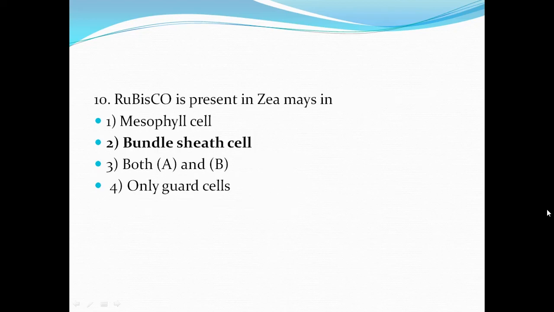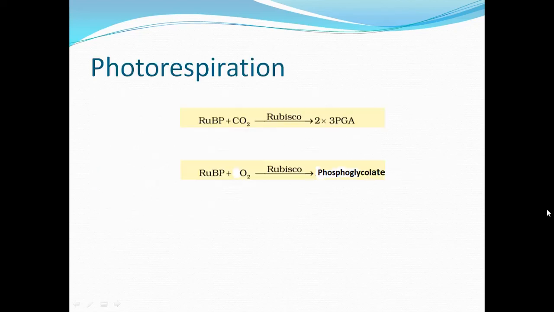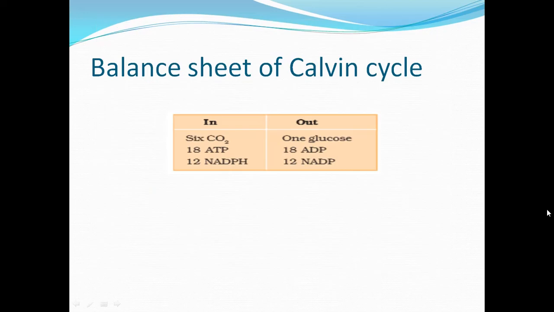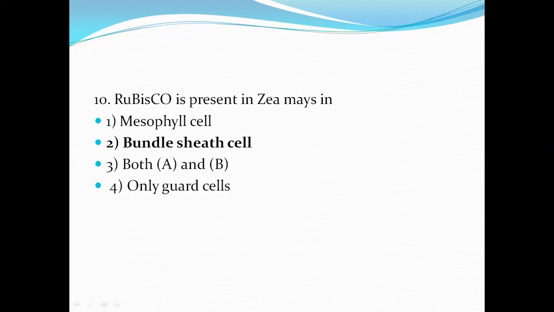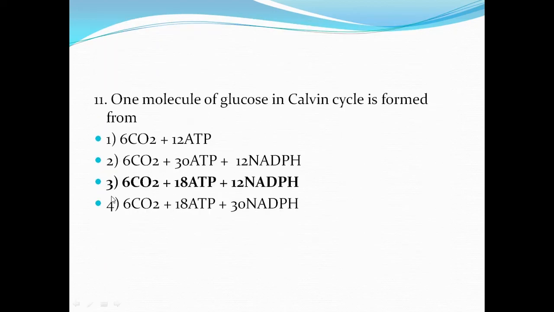So this we already discussed here. You can see this is the output, one glucose molecule. 6 carbon dioxide molecules, 18 ATPs and 12 NADPH are required to form one molecule of glucose. So the answer is 6 carbon dioxide, 18 ATP and 12 NADPH.